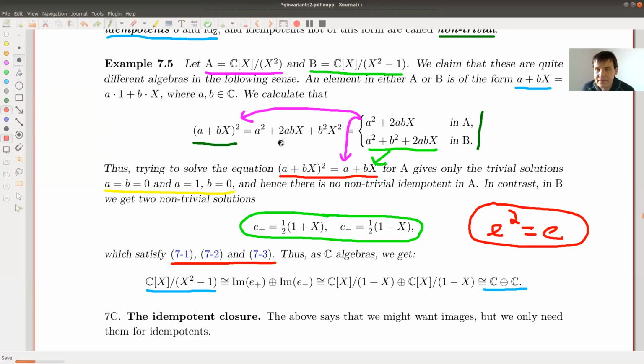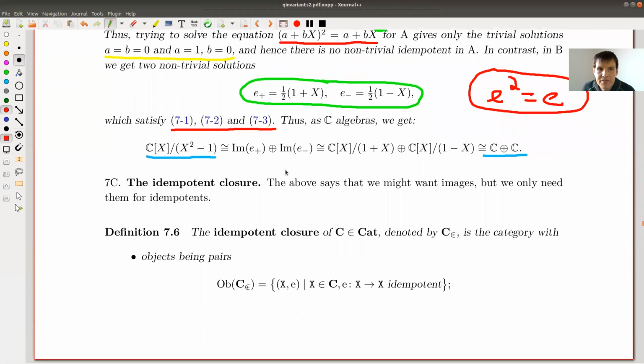So let's formalize this, okay? And the way to formalize it is called the idempotent closure. It's exactly like the linear closure or an additive closure or an Abelian closure or envelope or whatever I called it. It doesn't matter. But you basically want to have idempotents and images of idempotents.